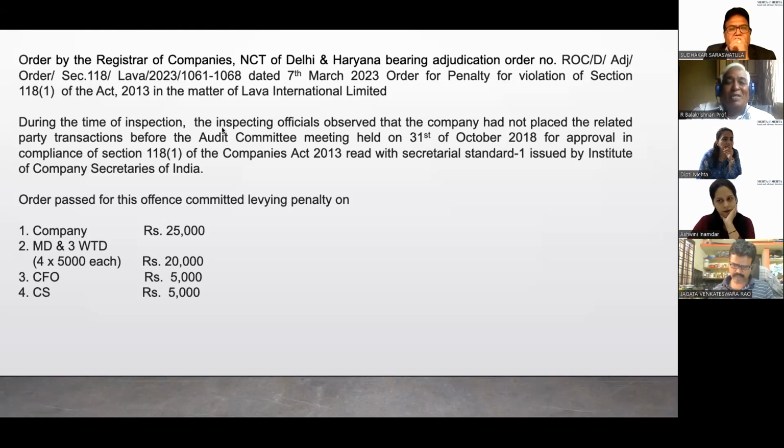CFO has also been penalized in this particular case. So the regulator has now started looking into various aspects, bringing to the books the various people who are involved. In which case we need to be more vigilant, more understanding, and have the right interpretation. These are all the things which are called for, according to me. Sudhakar sir, what do you say?